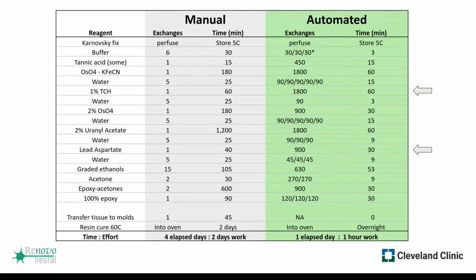Oh, okay. So this is showing the manual steps, like how many exchanges we do. For example, on the manual side, I do 6 washes with clean buffer. Here, I had 3 rows of it, and with the 30, 30, 30, what it means is that it aspirates and then releases over the tissue about 30 times, from the same row.